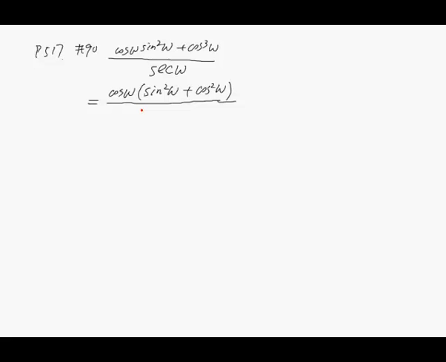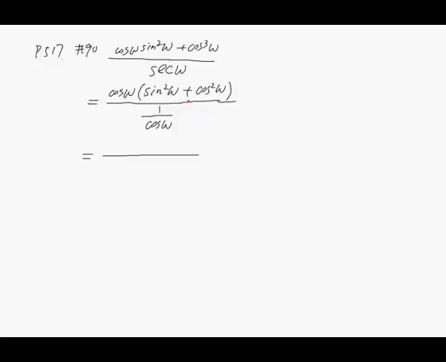Now this guy, generally we try to replace any other four trigonometric functions by sine or cosine, because we are familiar with sine and cosine. So right now, let's use the reciprocal identity to replace this secant w by 1 over cosine w. Okay.